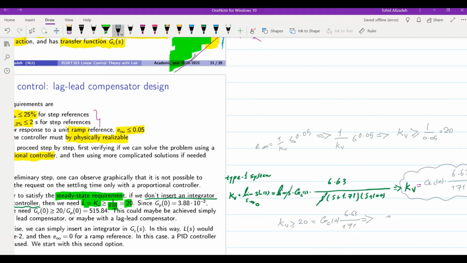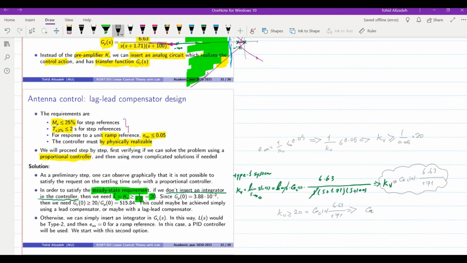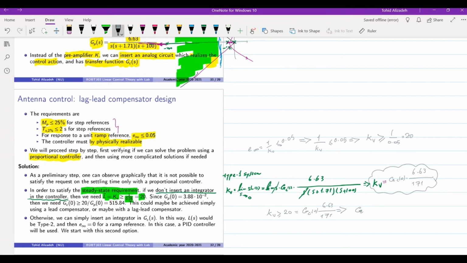And out of this, we will get GC at 0. Let me correct it. GC at 0 should be bigger than or equal to 515. It's written here as well. GC at 0 should be equal to or bigger than 515.84.